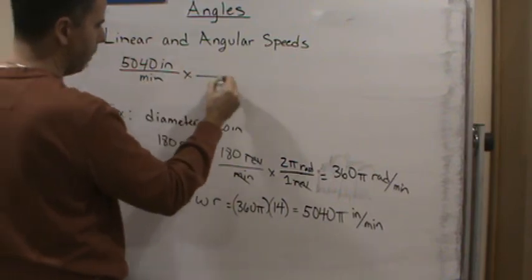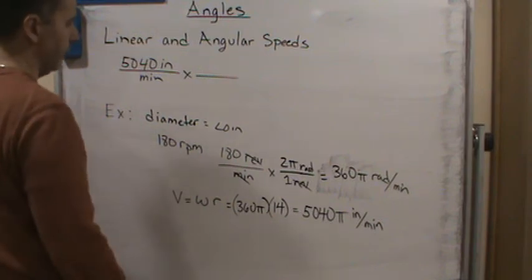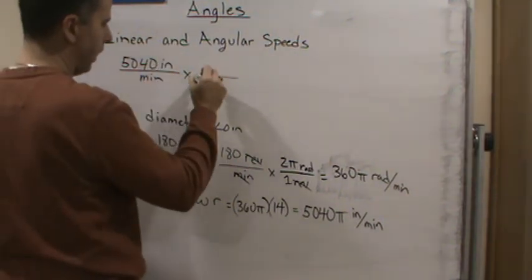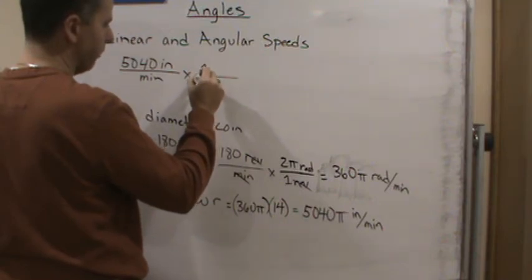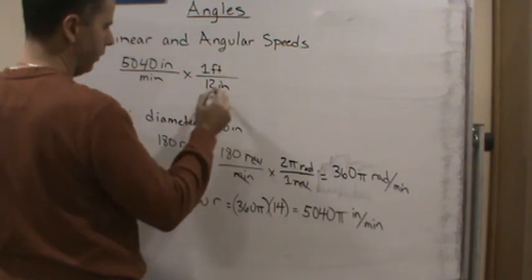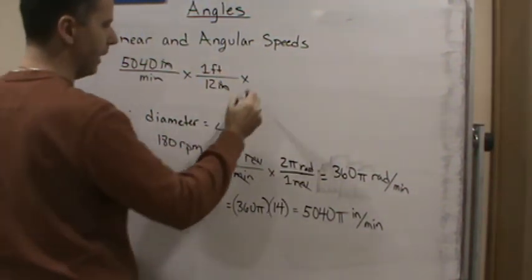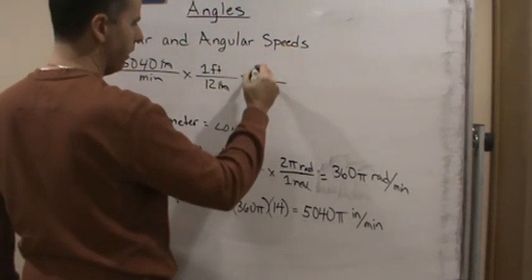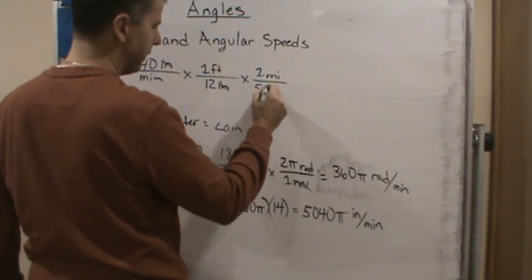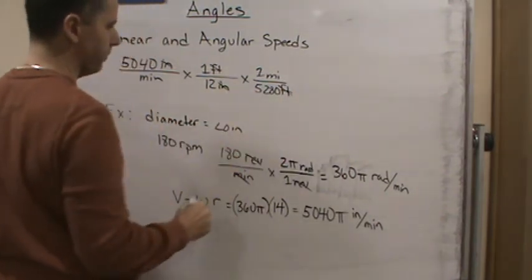Now I'm going to multiply this by conversion factors. Let's do the numerator first. Let's change inches to miles. 1 foot is equal to 12 inches, so inches cancels with inches, and we've got feet. Now I want to go to miles. 1 mile is equal to 5,280 feet, so feet cancels with feet.